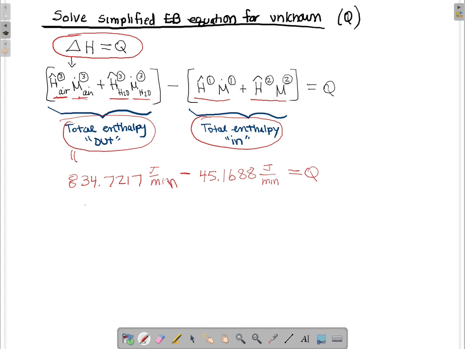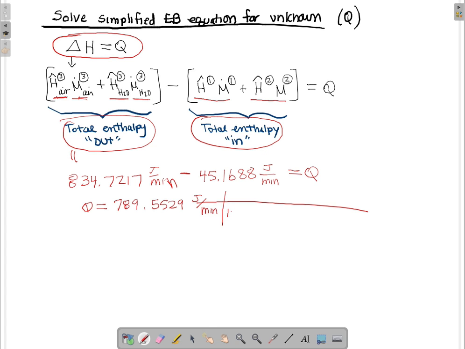And so what we end up with, if you solve this equation, is 789.5529 joules per minute. And then we want this in food calories.